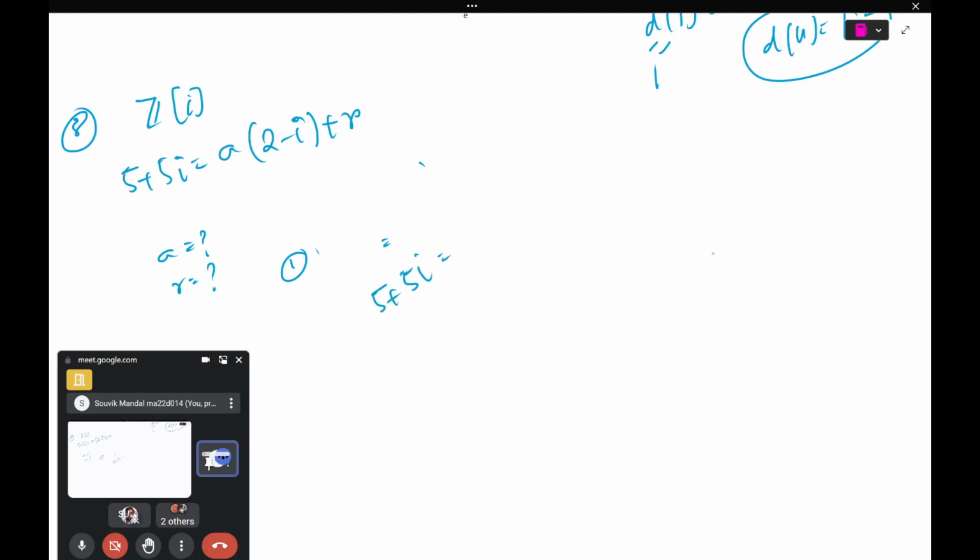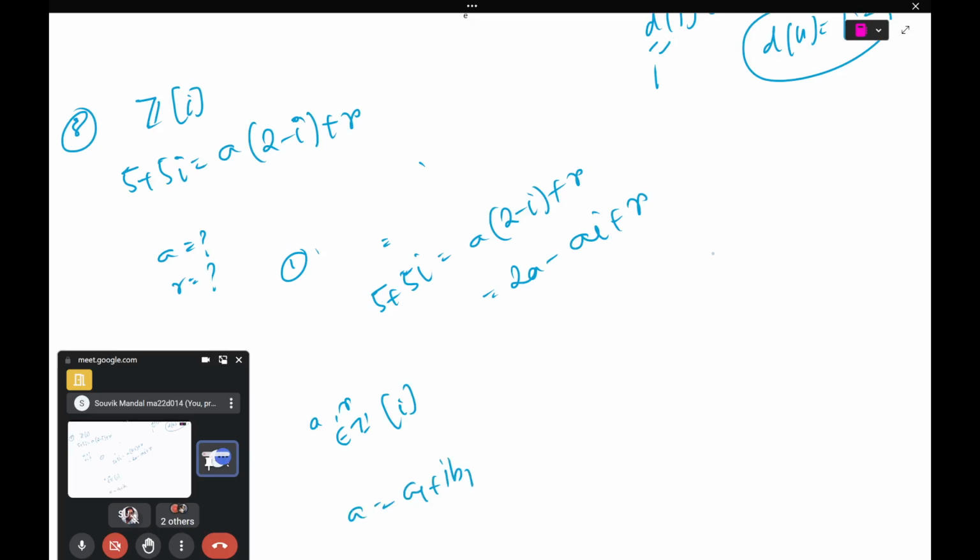5 plus 5i can be written like this as per your problem. So this is equal to (2 minus i) a plus r. Now a and r also belong to Z[i]. So we can write a is equal to a1 plus i b1, r is equal to r1 plus i r2.